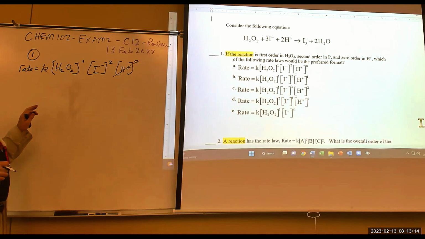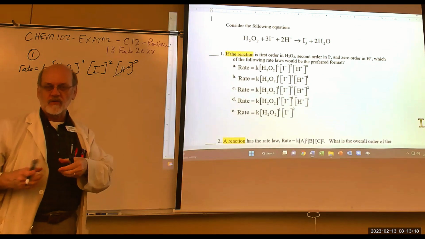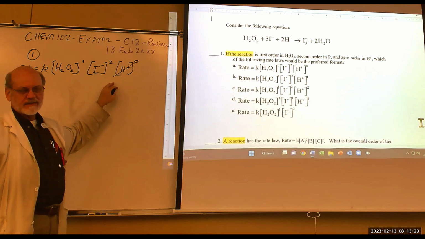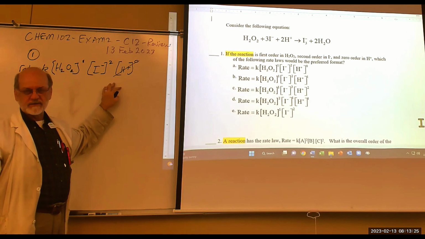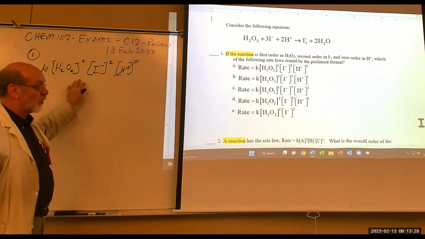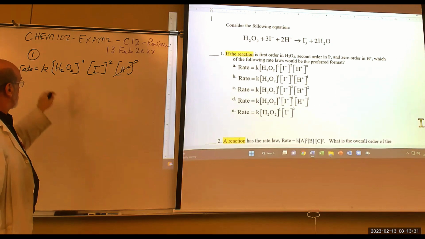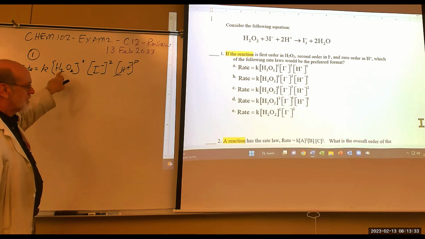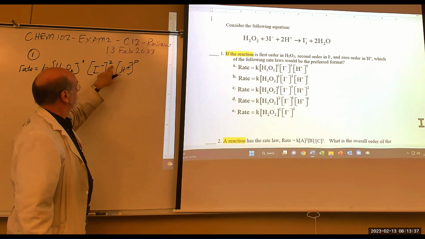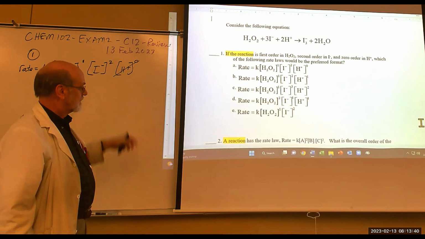We did one of those in class where we had a 0 order and it dropped out, but I thought it went by so fast, maybe that one just flew over your heads. But I wanted to make this point. So that means the rate is K, H2O2 to the first power, I negative to the second power, and that's it.